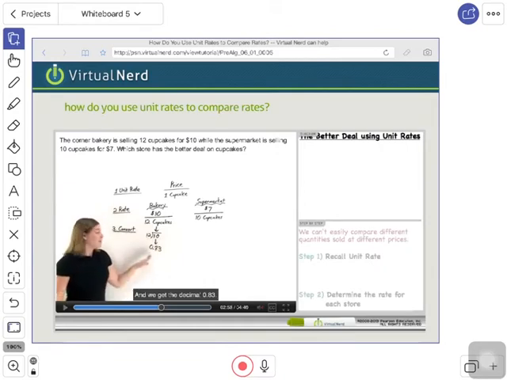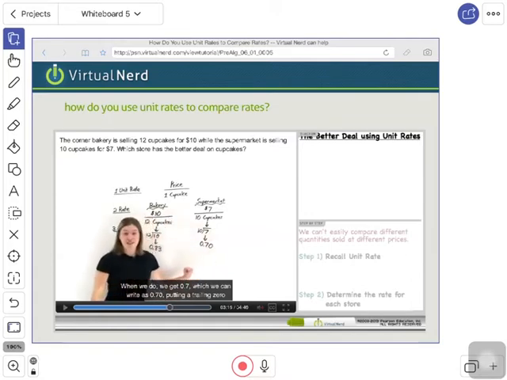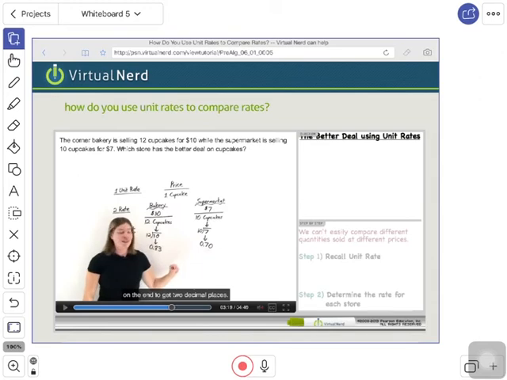And we get the decimal 0.83. Great. Now do the same thing for the supermarket. Again, we take numerator divided by denominator. 7 divided by 10. When we do, we get 0.7, which we can write as 0.70, putting a trailing 0 on the end to get 2 decimal places.